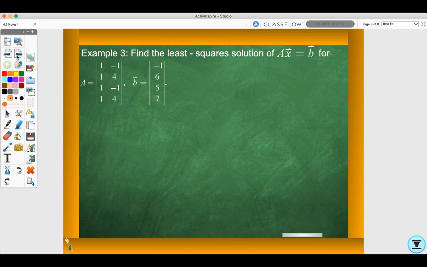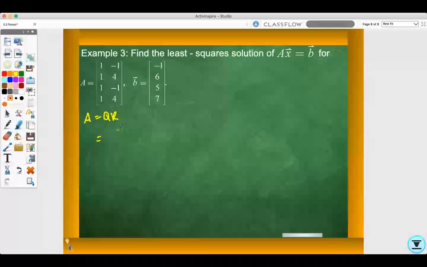Example 3, find the least squares solution of Ax equals b for A and b. First, we need to find the QR factorization of A, and that can be obtained using the methods in section 6.4. So A equals QR. I'm just going to give you Q and R; we're not going to go through and do this, and you can go back to section 6.4.